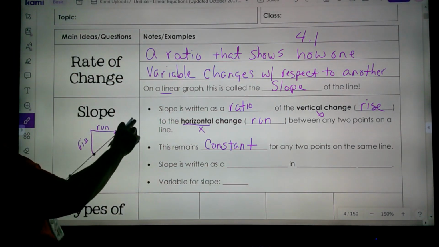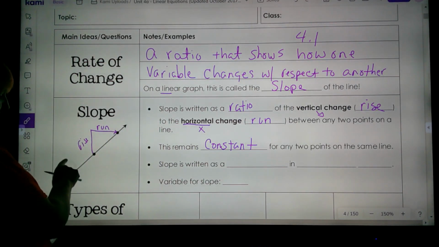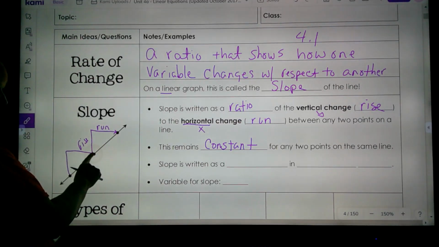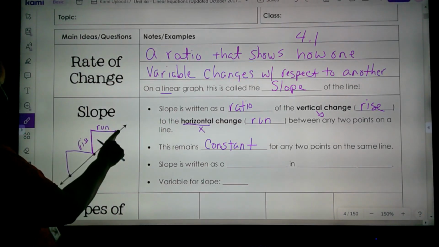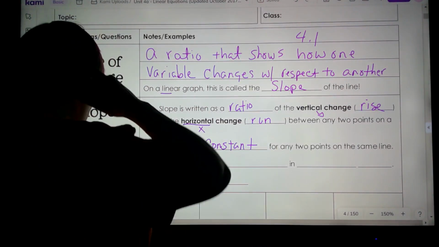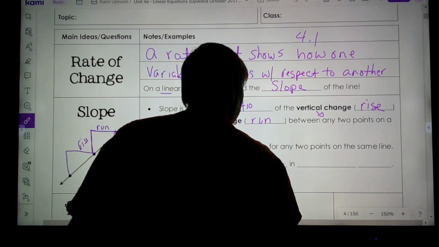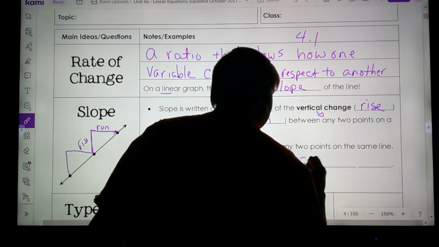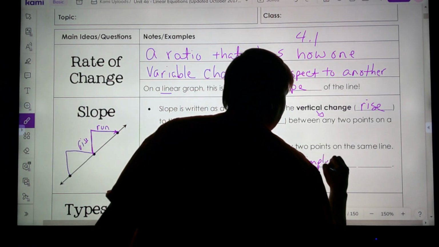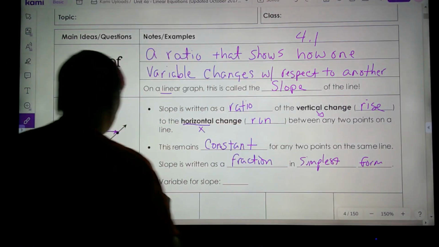If it is a straight line, then the distance between this point and this point is the same as the distance from this point to this point. It's constant. Slope is written as a fraction in simplest form. What is simplest form? All right.